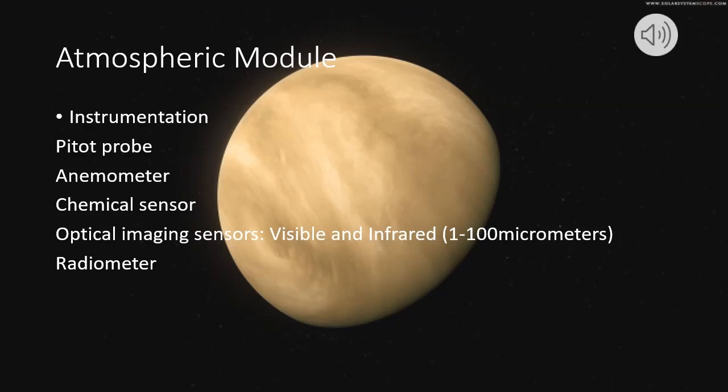The chemical sensor will be useful during the descent because the chemical properties of the atmosphere change depending on the molecular flow we are inside. With the pitot probe, we'll be able to estimate the velocity of the fluid. And because the winds on Venus are really important, the anemometer will be useful to measure their velocities.